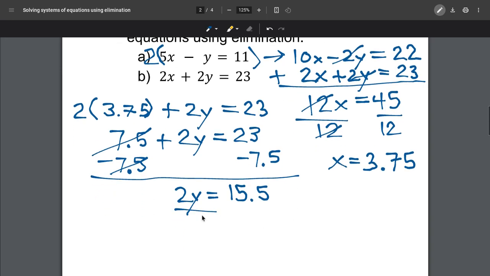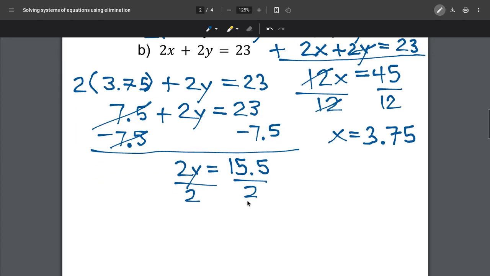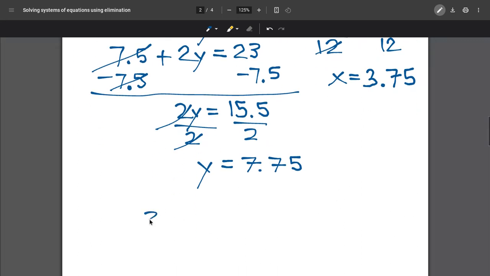We're going to divide both sides by 2. 2's are going to cancel here. We'll get y equals 15.5 divided by 2, which is going to be 7.75. So our solution here is going to be the x value 3.75 and the y value is 7.75.